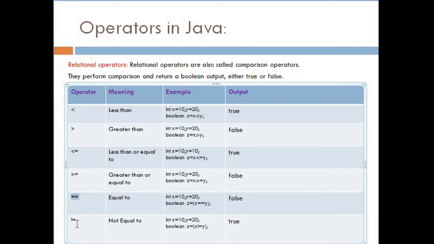Then come below, see the next operator, exclamation mark and then the equality symbol. Now exclamation represents not, and not equal to means it is not equal to.